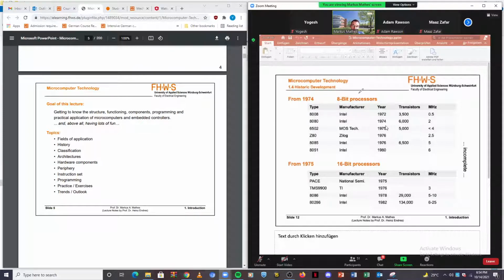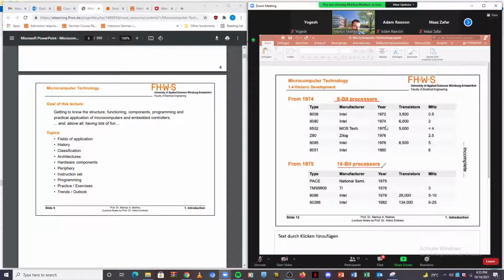We have one table with 8-bit processors. 8-bit means that within one clock cycle, 8 bits can be processed. So numbers up to 2 power 8 can be processed within one clock cycle. And 16-bit processors, of course, process 16 bits within one step. And today, your home PC offers a 64-bit processor and a 64-bit operating system.